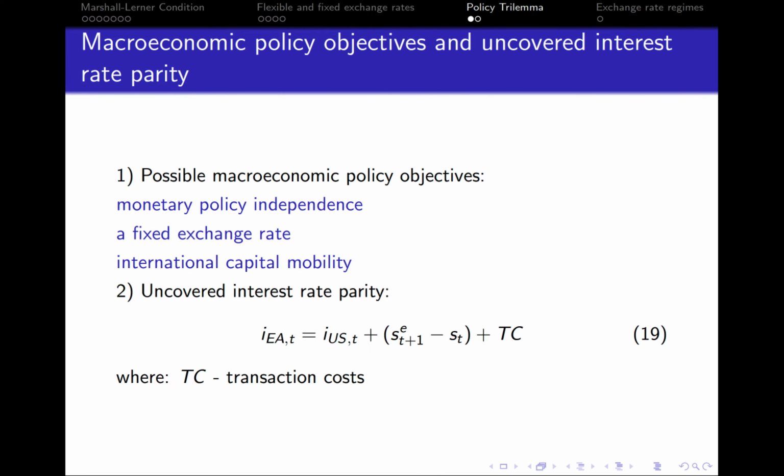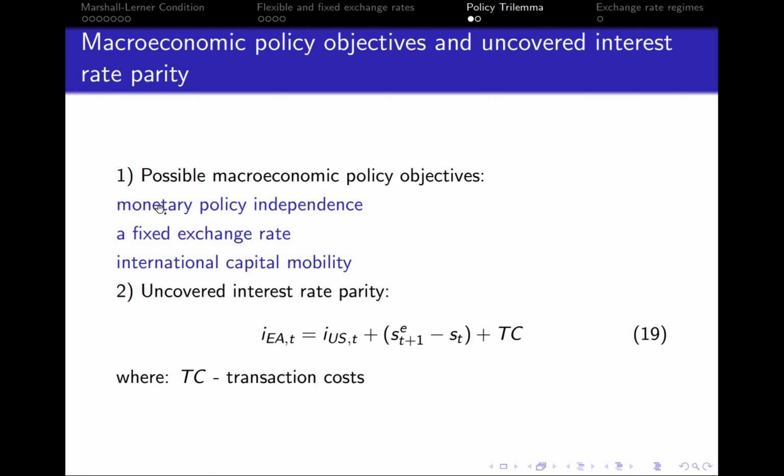Look, generally, countries can pursue three different macroeconomic policy objectives. First one is monetary policy independence. Monetary policy independence guarantees us that we can use monetary policy in any way we want in order to influence prices in the economy or unemployment or GDP growth.